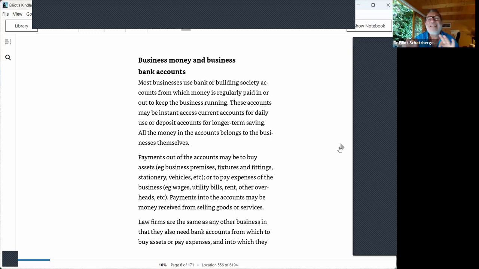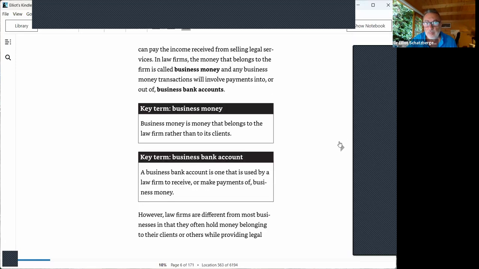But you must never put client money in the business account. It's a massive breach of the rules. It's one of the things that you can, I'm not saying you would be, but you can be shut down for. So it is really, really important. So as I say, we need to know what business money is, but that's obvious.